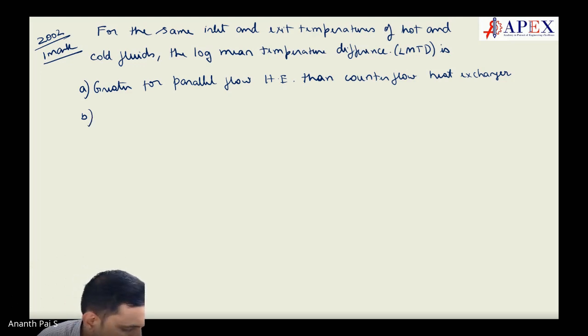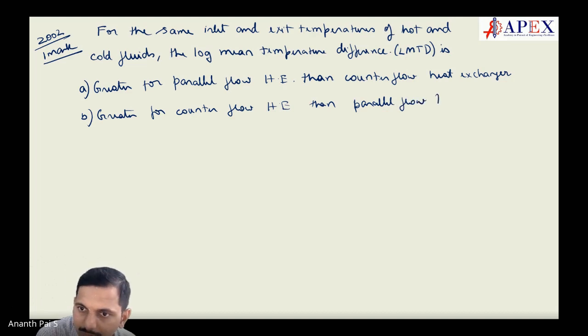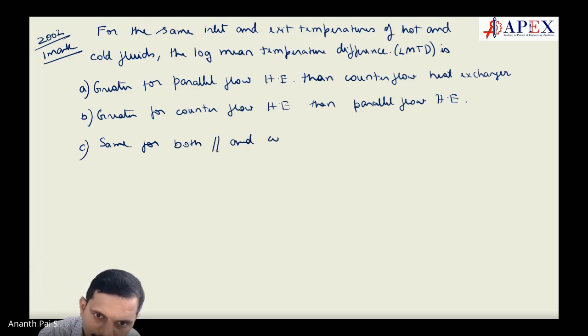B, greater for counter flow heat exchanger than parallel flow. C, same for both parallel and counter.